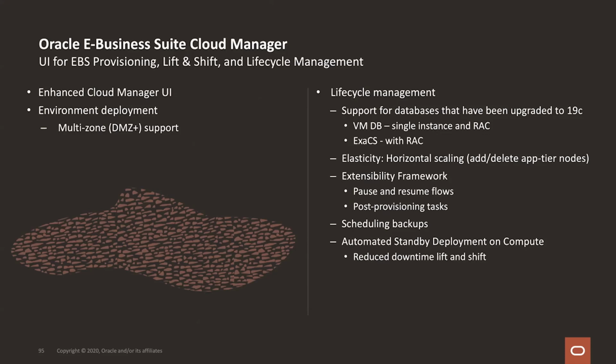So it's essentially almost like a failover into the cloud with very minimal downtime. So for people who are migrating production environments, we are concerned about high availability as you move into this OCI environment.